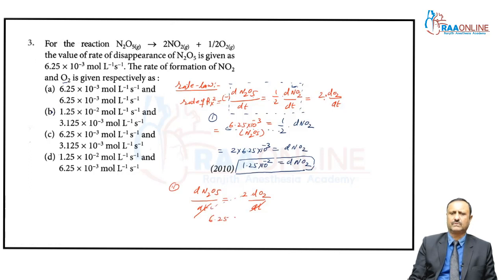So you write the concentration of d[N2O5], 6.25 × 10^-3 upon 2, and that is the concentration of d[O2]. So the concentration of O2 is 3.125 × 10^-3. Then you go to option B.